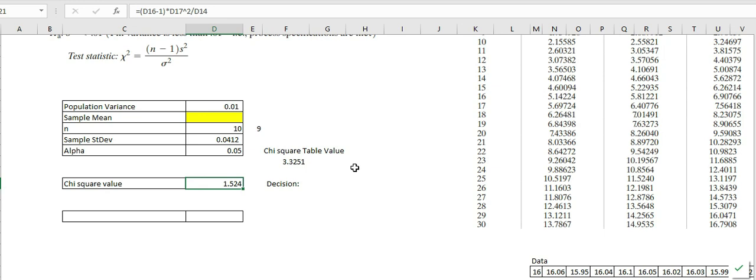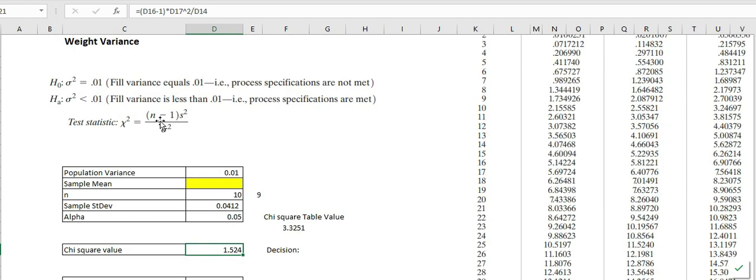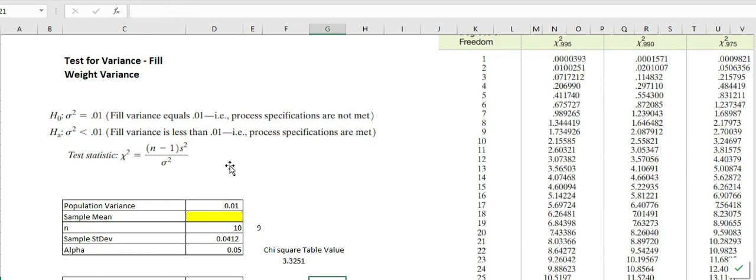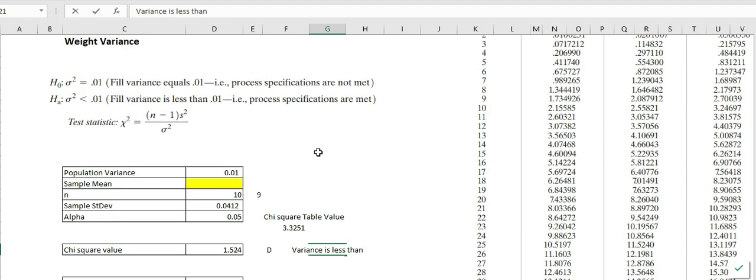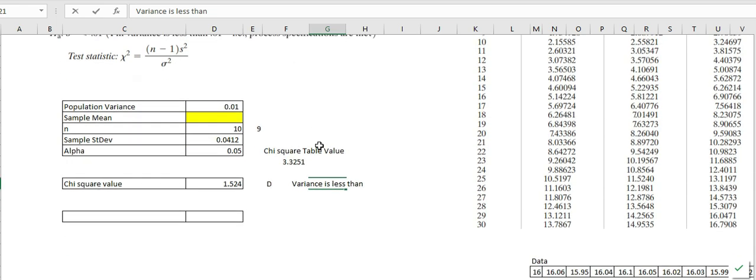So if it's lesser, then we will reject the null hypothesis and conclude that the variance is less than 0.01.